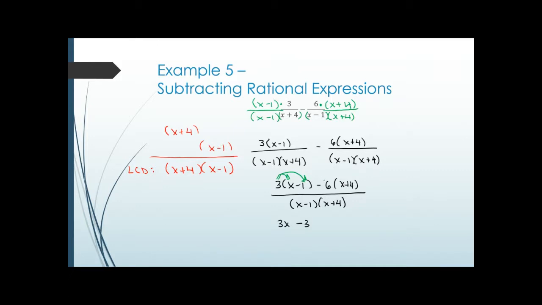So -6 times x and -6 times 4. A -6 times x is a -6x. And then you have a -6 times 4, so that's a -24. And then my denominator stays the same. Are there any questions so far?